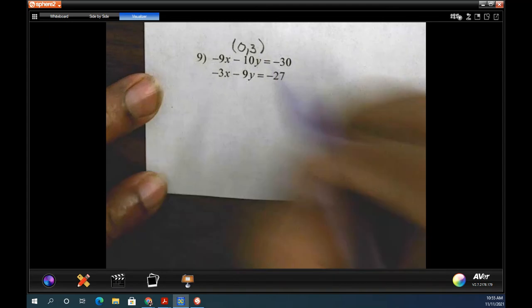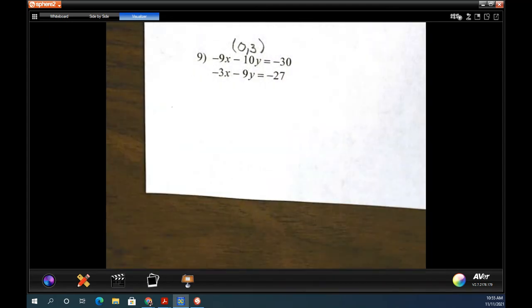Another y-intercept. You said 0, 3? Yep.